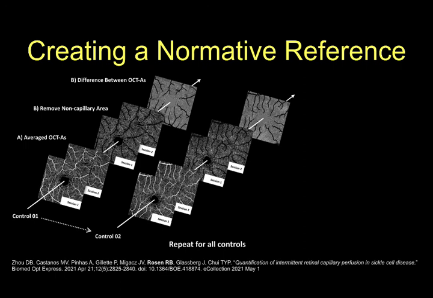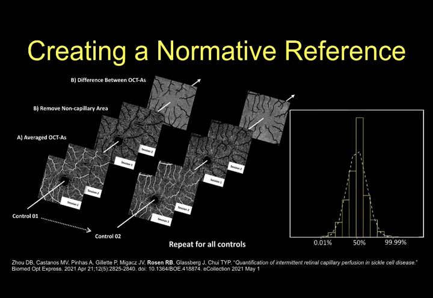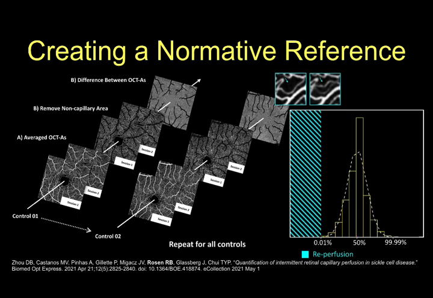The in-between session difference in pixel intensity was then analyzed using the Bland-Altman plot. Limits of agreement of 0.1 and 99.99 percentiles were computed, generating segments considered re-perfused and non-perfused respectively.